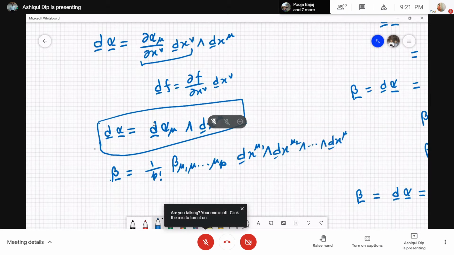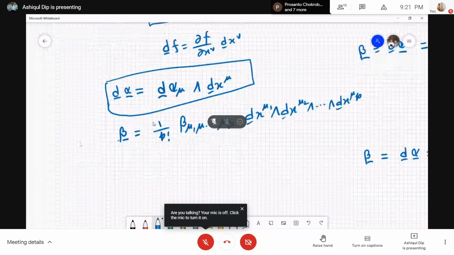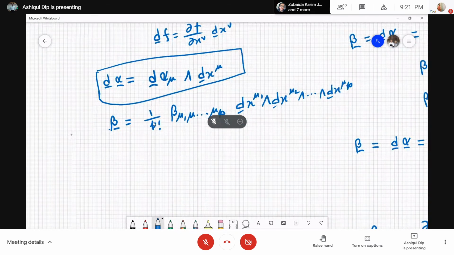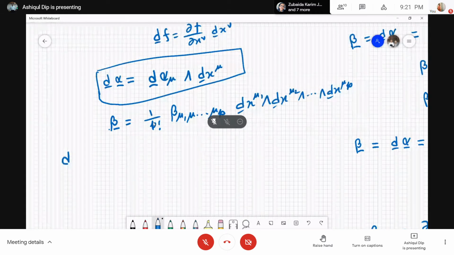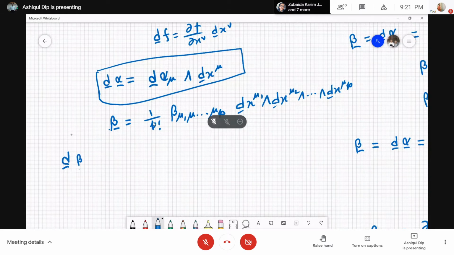This is your beta. Then the exterior derivative, which is basically a tensor quantity, is defined as d beta equals d of this scalar part, that is 1 over p factorial. You can actually take that 1 over p factorial out of this derivative as well. Beta mu1 mu2 up to mu p.